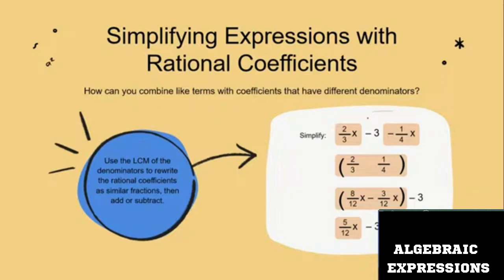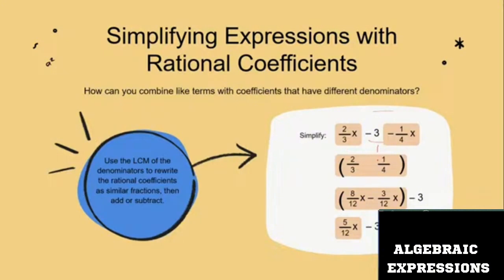So let's say, for example, you have this problem 2 over 3x minus 3 minus 1 quarter x. So in all whole numbers, the implied denominator again is always 1, because if we divide 3 divided by 1, we get 3. And then you look at the denominators now, 3 and 4. The lowest common multiple of 3 and 4 would be 12.